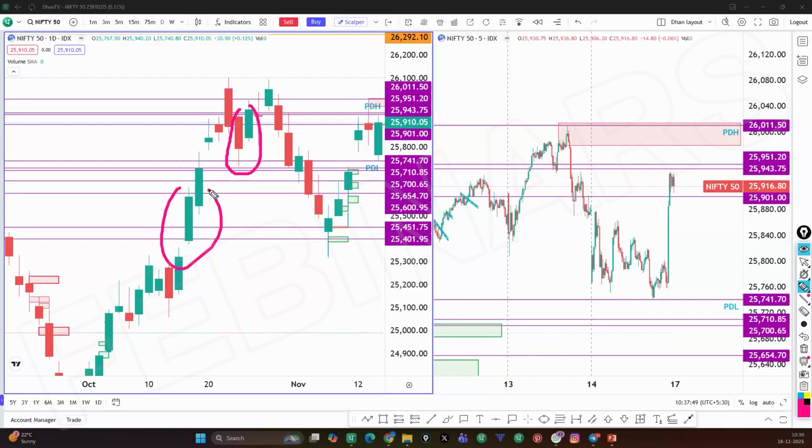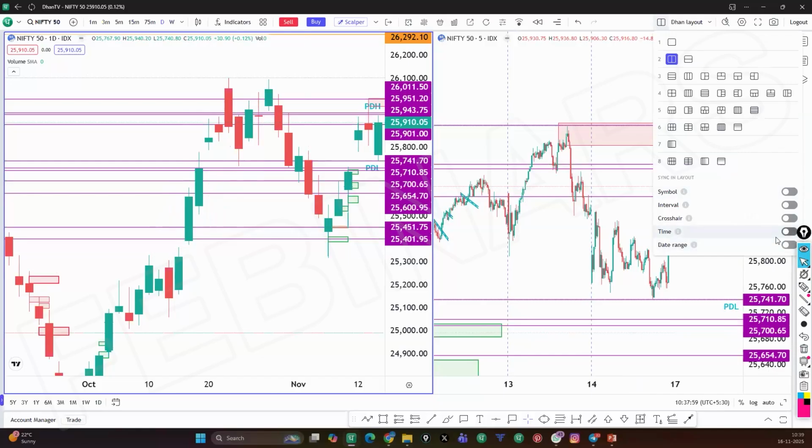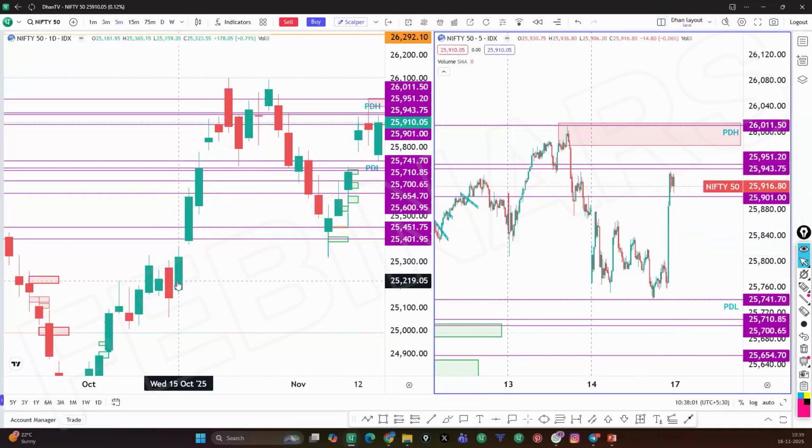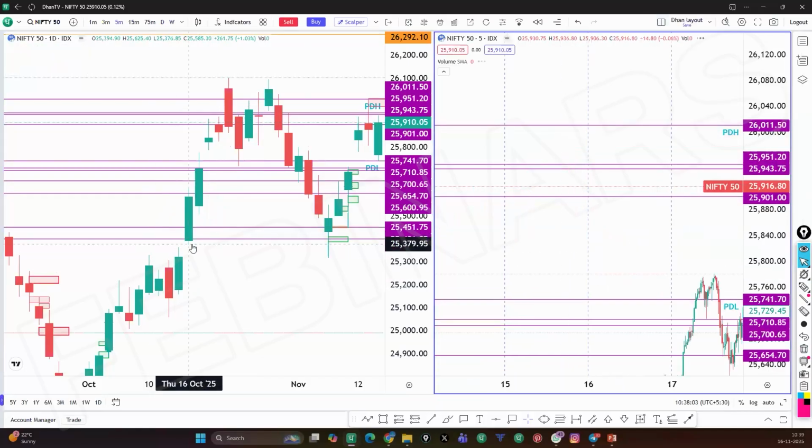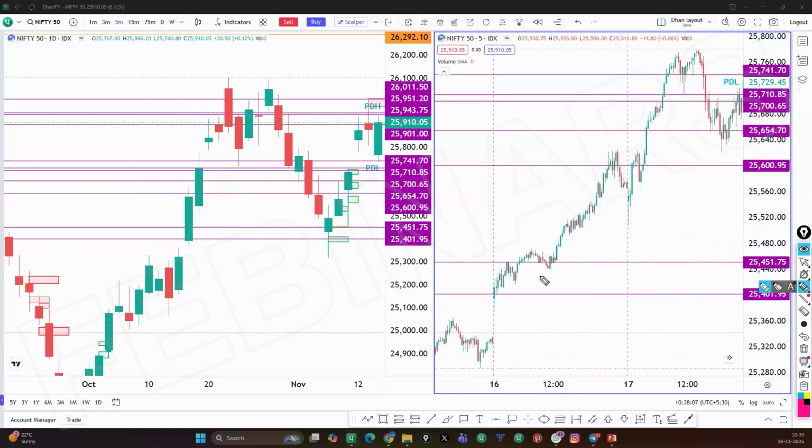So that is what. The market created a fantastic red candle, right? So what happened in this candle? Let me show you that price action also. Market created a trend. Okay, not in this candle, I think.